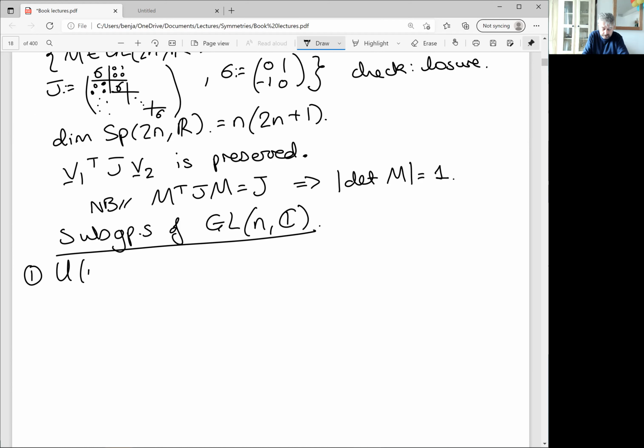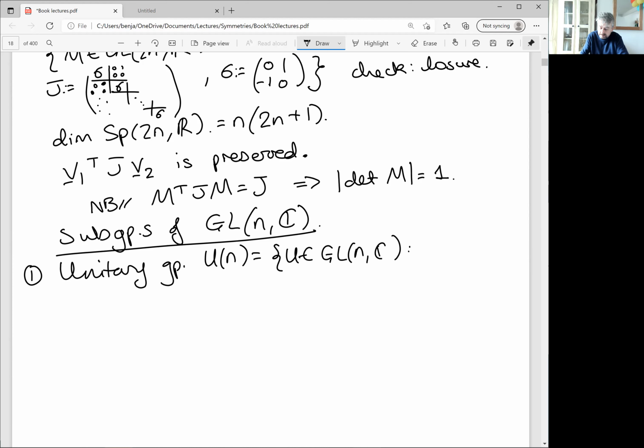The first one is called the unitary group, UN. This is defined to be the set of all matrices U in GLN over the complex numbers, such that U dagger U is the identity matrix.